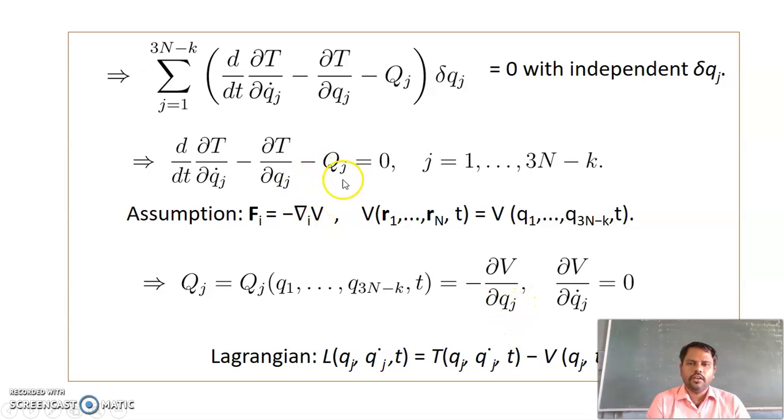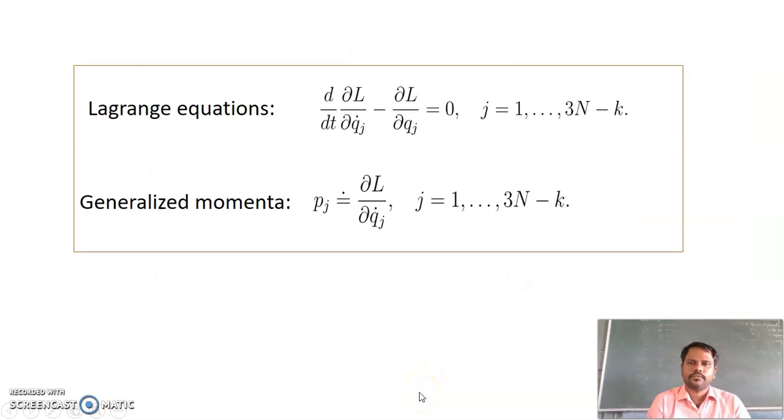So substituting Q in terms of dou V by dou Qj and using dou V by dou Qj dot in this term, we arrive at an expression d by dt of dou L by dou Qj dot minus dou L by dou Qj is equal to 0, where L is equal to T minus V, where T represents kinetic energy and V represents the potential energy.